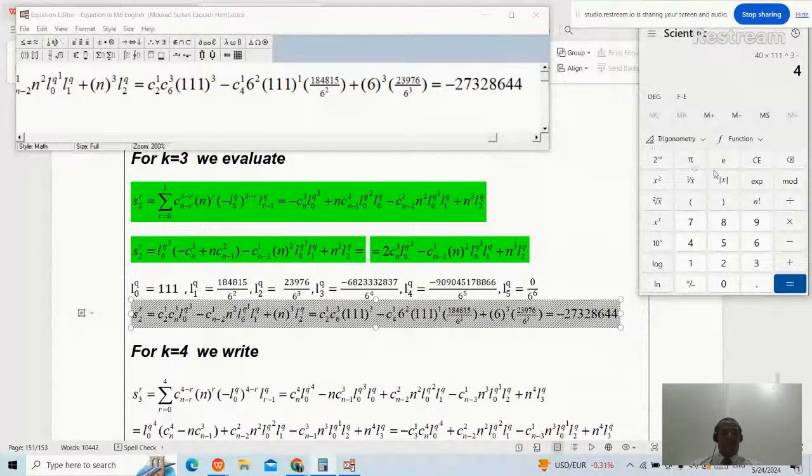times, you see this one, 6 squared, and here in the denominator it's written 6 squared.